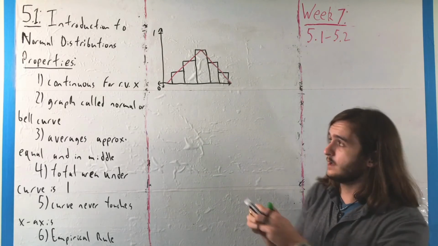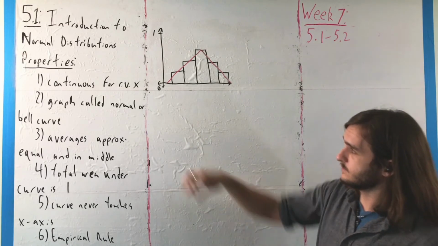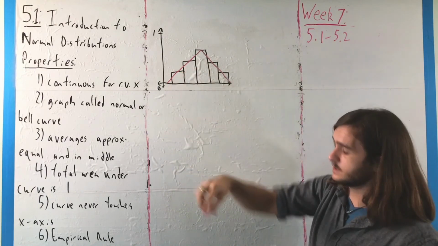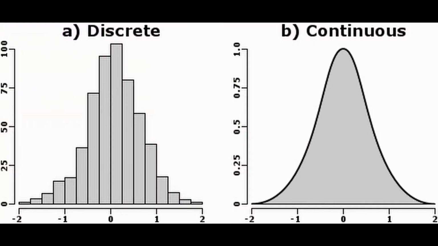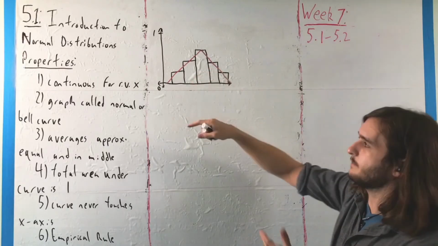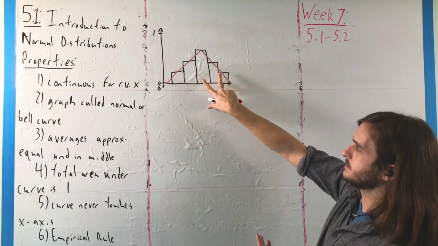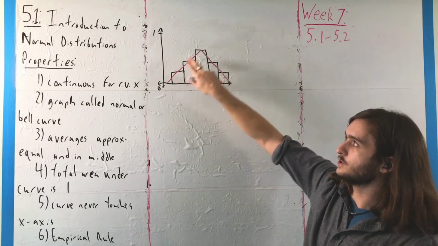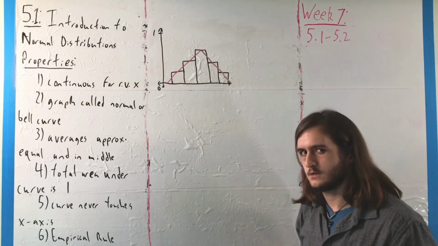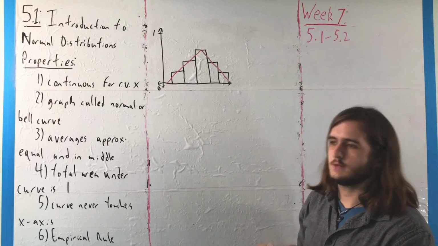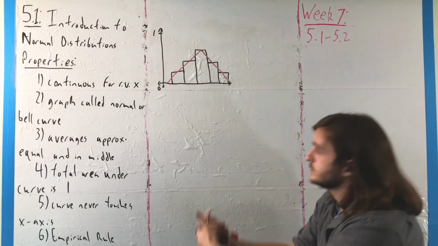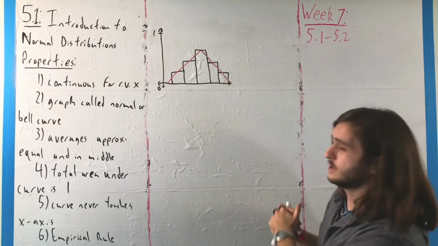But if you add more classes, if you make these classes smaller and smaller to get more and more specific, you get more and more information in here. This thing would get a bit curvier, and you'd have a better representation when you're talking about the area underneath the polygon. And as you get more of a curve, you talk more about an area underneath a curve.